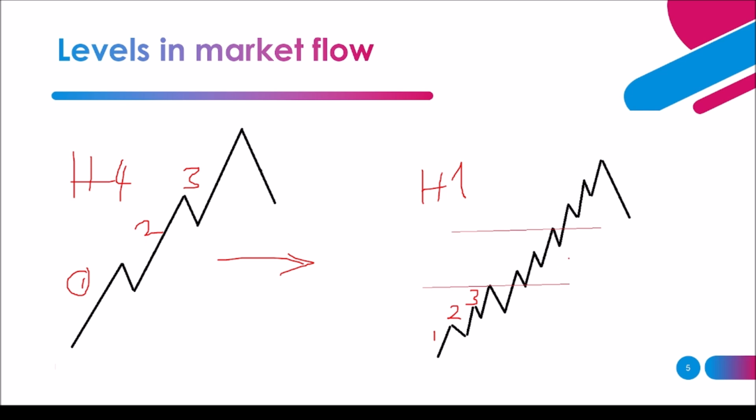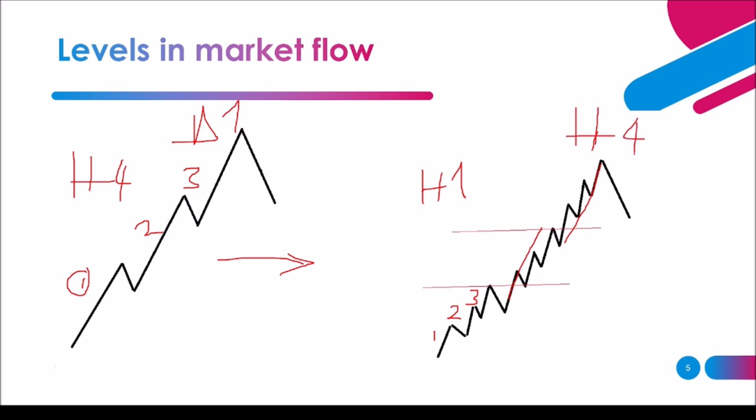H4 level 2, three H1 levels, H4 level 3, three H1 levels, like that. So any time frame of observation can be broken down into three levels of its preceding time frame. If this was daily, D1, this was going to be H4, like this.